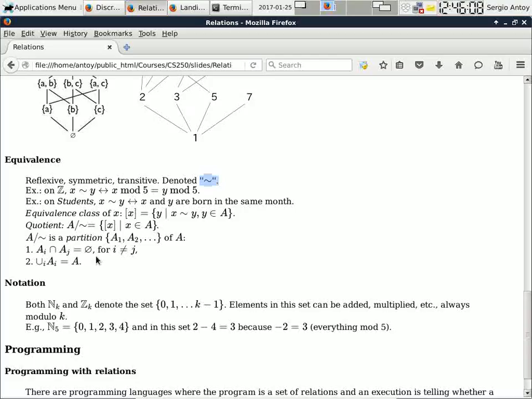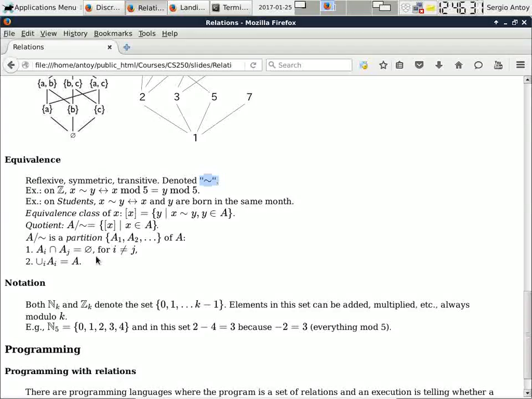And how do we name those elements? Being a bit sloppy, but being a bit clever, I call them 0, 1, 2, 3, and 4, because these are the remainder when I divide.